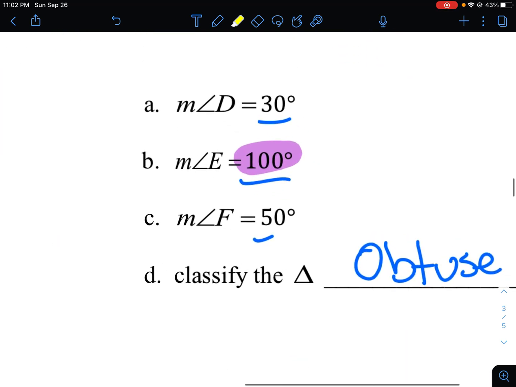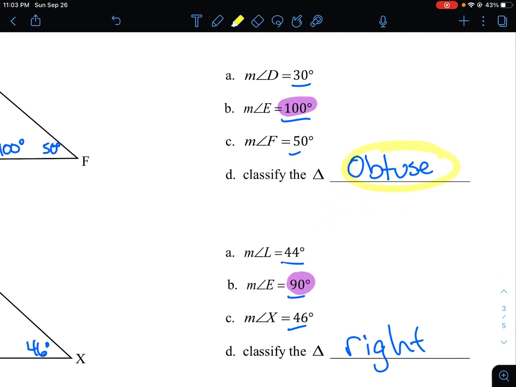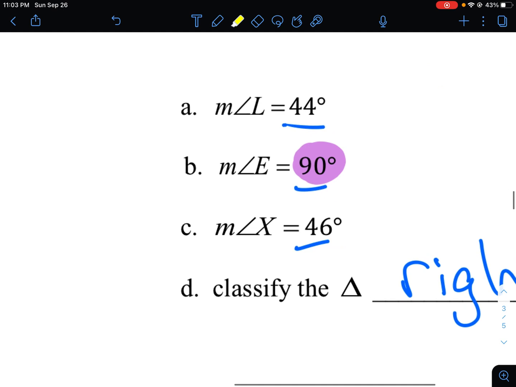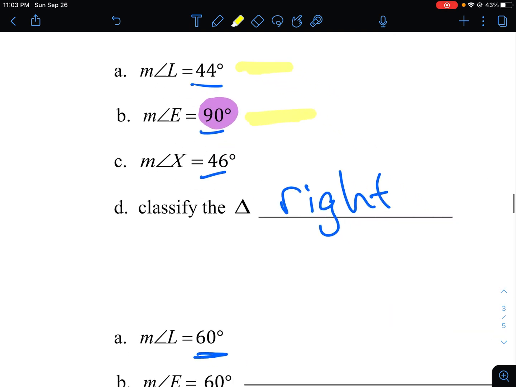Whereas if we look at the next one, angle D, 30 degrees, that's acute. But right here, angle E is 100, which is more than 90. Angle E is an obtuse angle, so automatically this is an obtuse triangle. Likewise, with triangle LEX, 44 is acute, but 90 degrees is a right angle. This triangle has a 90-degree angle in it.